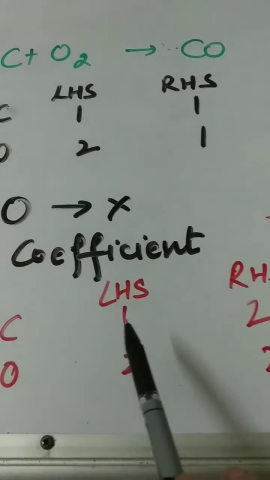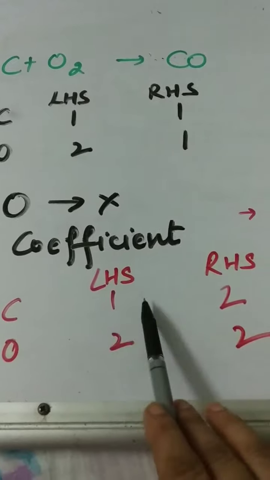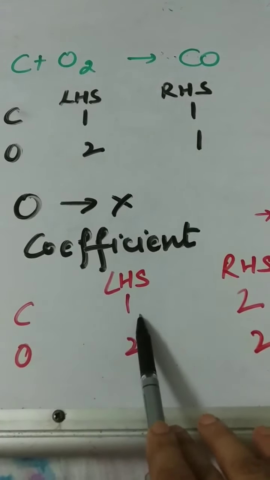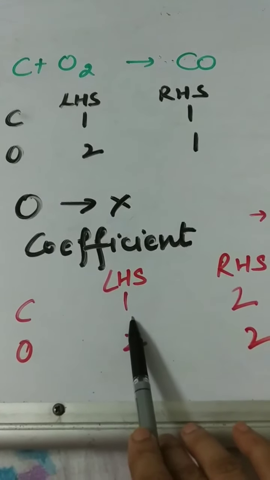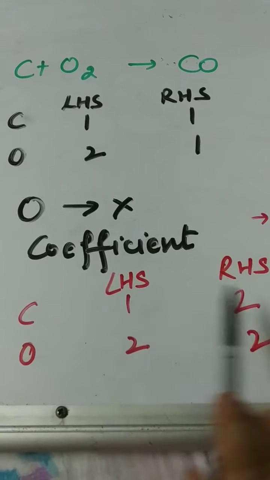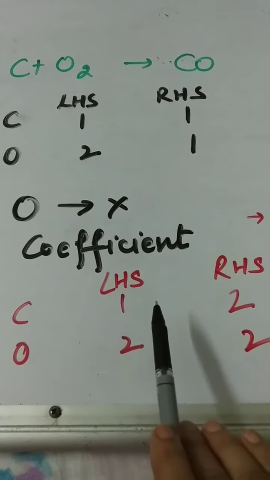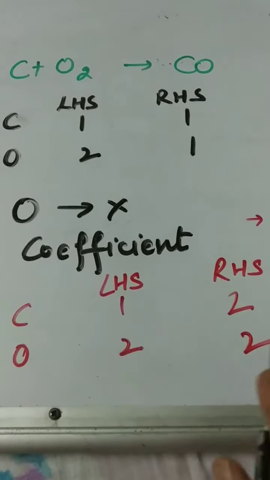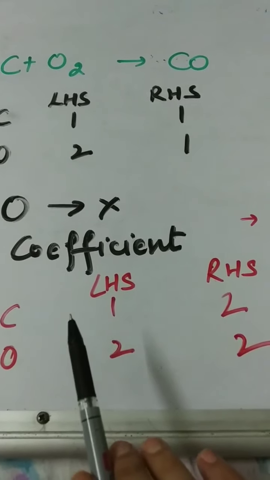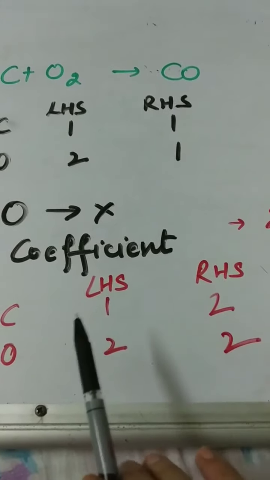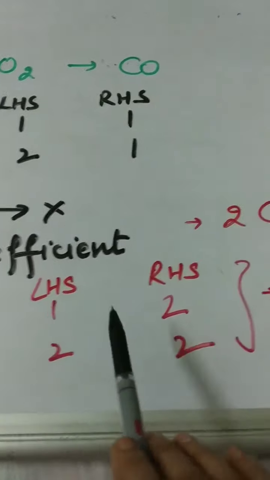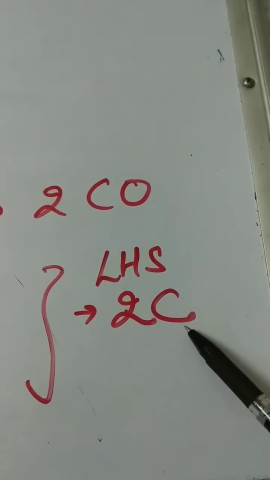Now we can see that on the left hand side, the reactant side, only 1 carbon atom is present. So we want to balance both sides. We want to get an equal number of atoms of each element on both sides. So what we will do, we will put 2 as a coefficient in front of carbon.